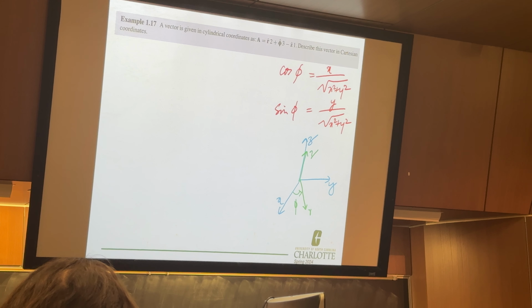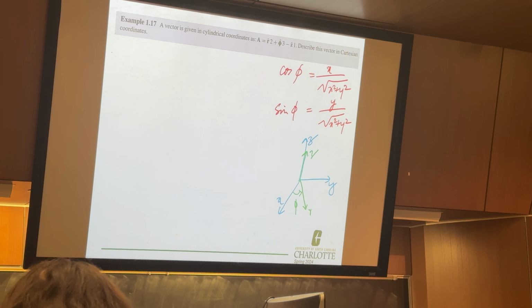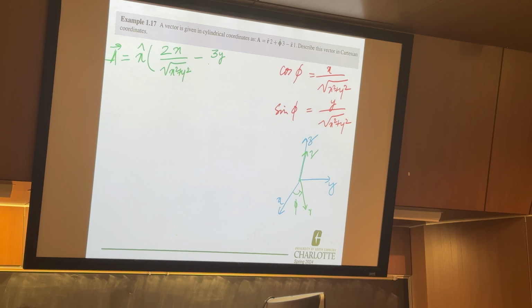Yeah. So now that we've established this, our vector a becomes: x hat times, what is this? 2 cosine phi minus 3 sine phi. 2 times cosine phi minus 3 times sine phi.